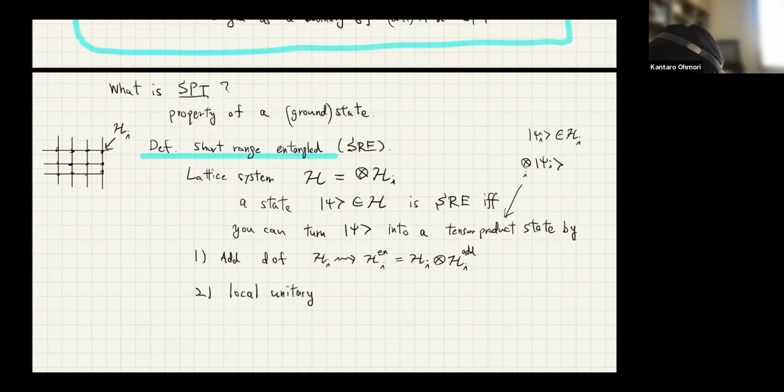The local unitary U_i acts on the H_i enlarged.